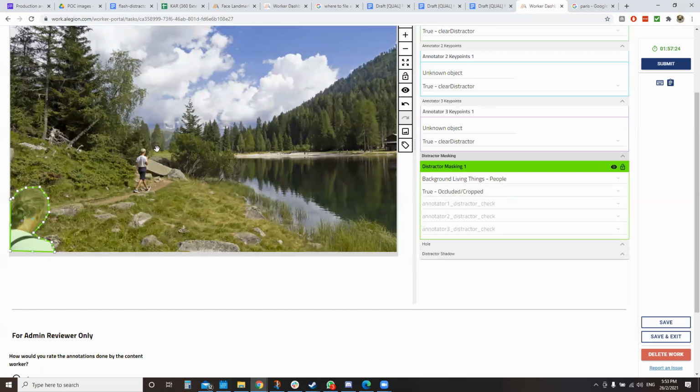So like this person, if he is a distractor, he will be false. Means he is not occluded, he's not cropped. Okay, so this one is annotate ready.